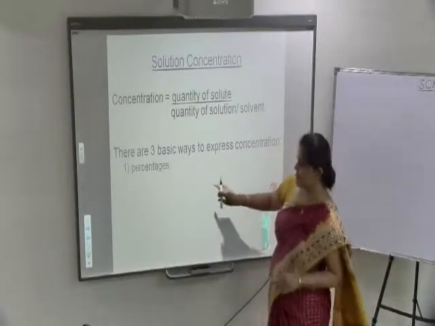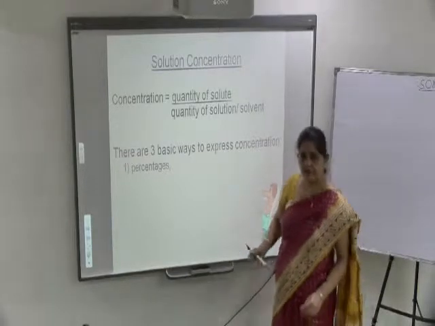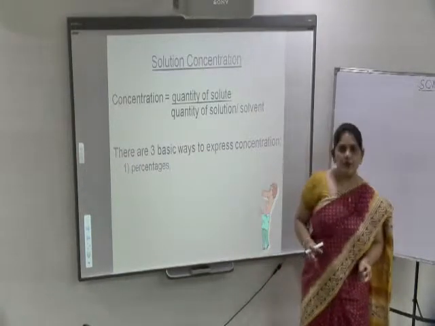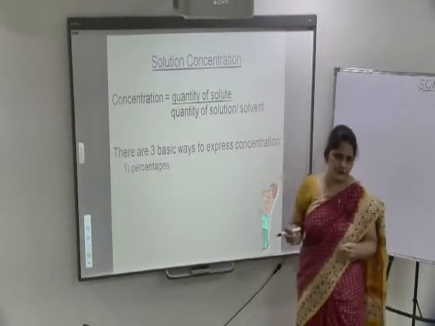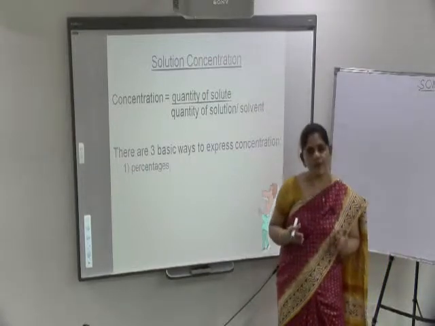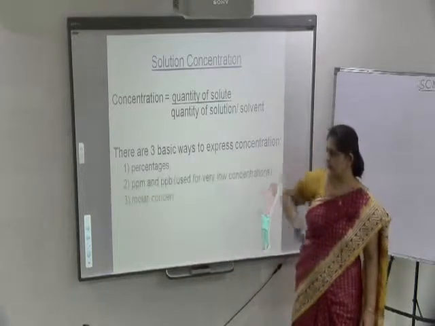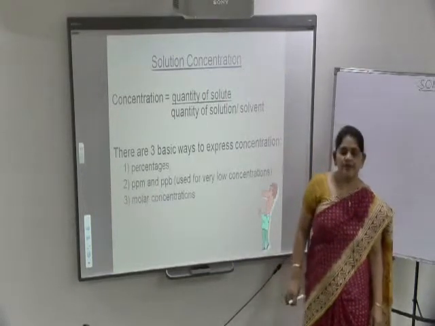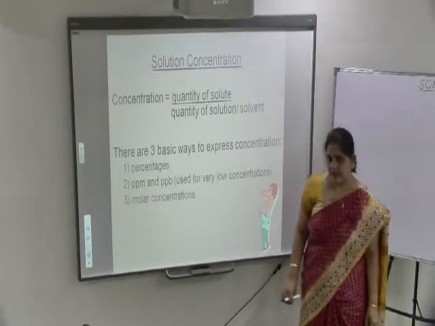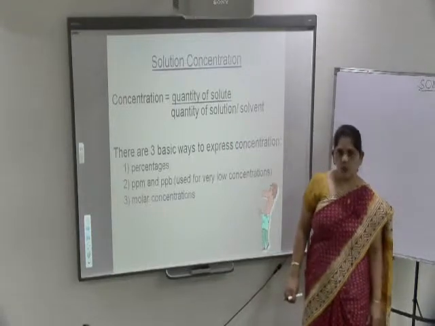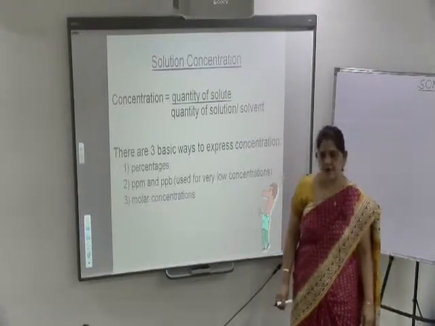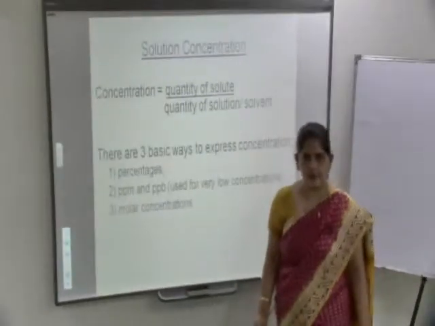The first one is percentages. That means you are going to find out for every 100 of the solution how many parts of the solute are present. The second is parts per million and parts per billion. These are used for those solutions where the concentration is very low.